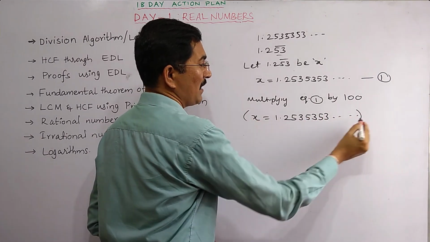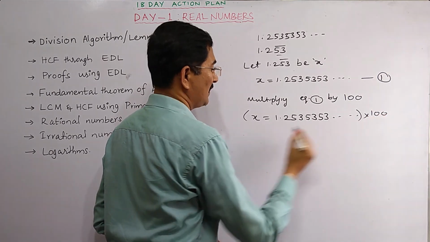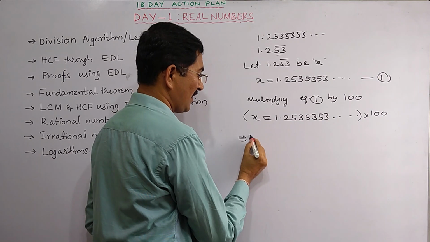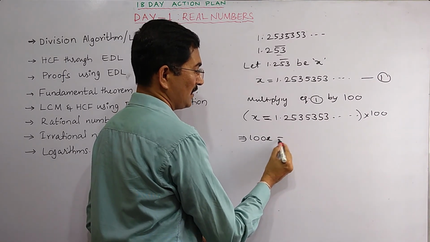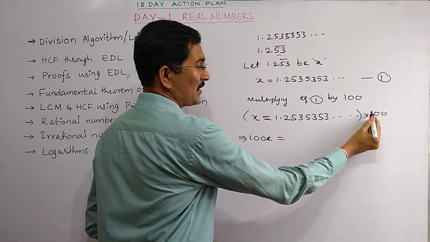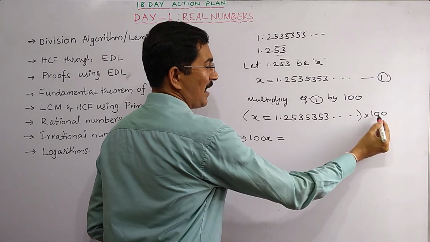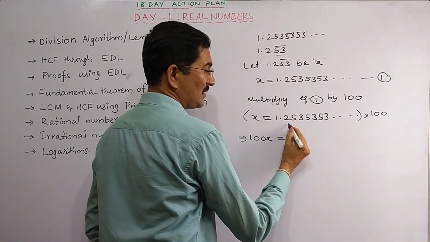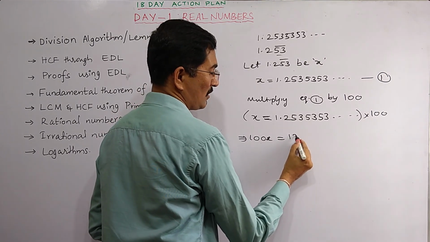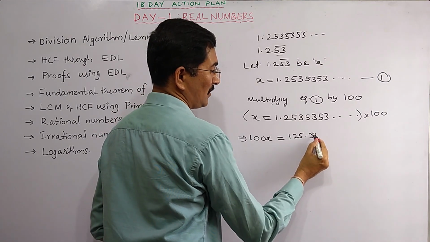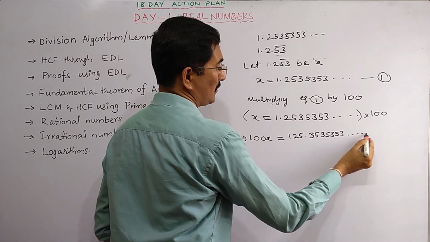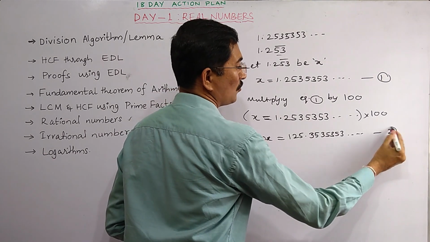When you multiply it by 100, you have to multiply on either side. x into 100 is 100x is equal to, and because of these 2 zeros, you will see that this point jumps here, so it becomes 125.3535353 and so on. Now let this be equation number 2.